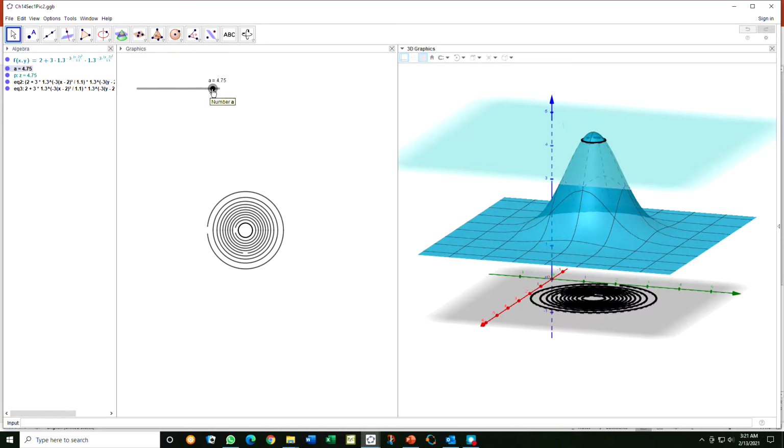Notice our increment of this a, which sets the height, is constant every time; we are moving by 0.25. For a cone, if we did that, each time we move up by the same amount, the circles will be not only concentric but equidistant.